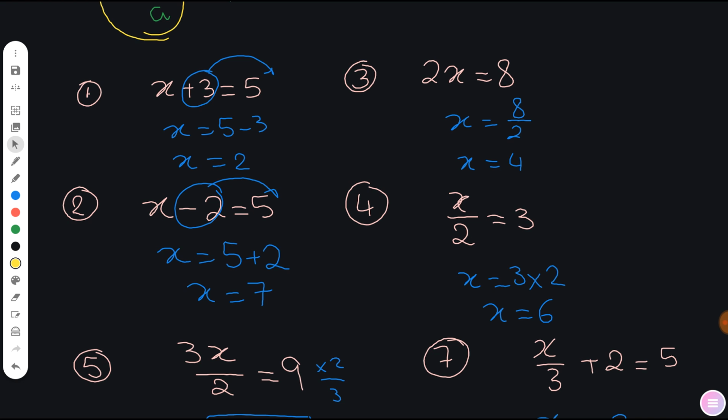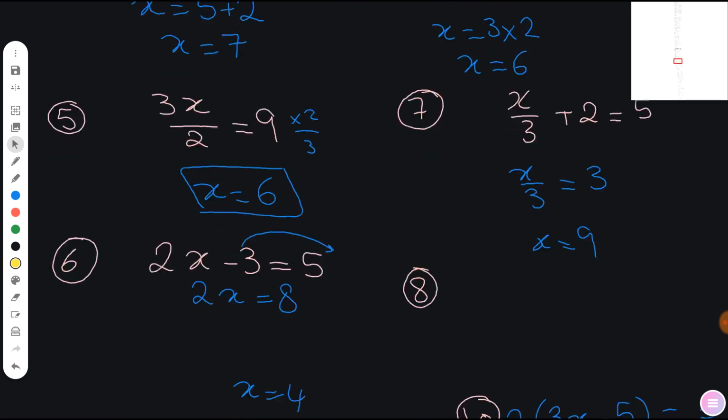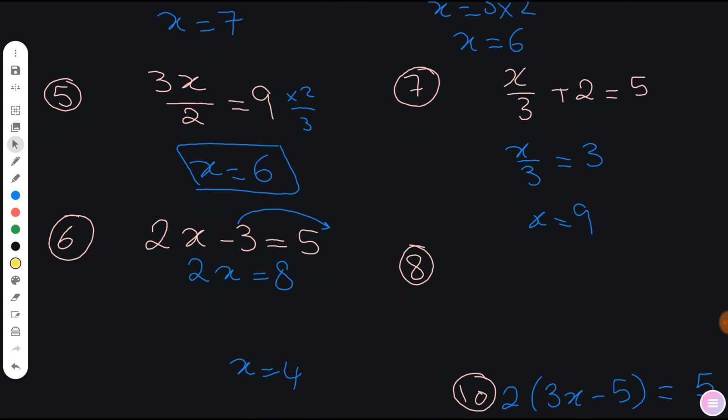Number 5, if we have multiplication and division at the same time, you can divide on the other side by 3 over 2, or you can do cross multiplication, multiplying by 2 and dividing by 3, multiplying by 2 over 3, then simplify to get x equals 6.